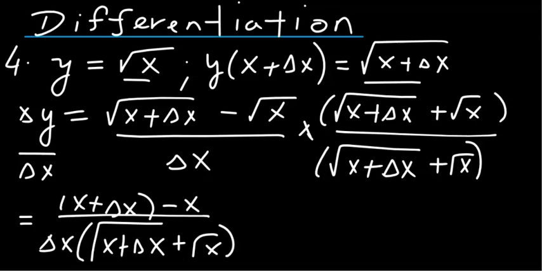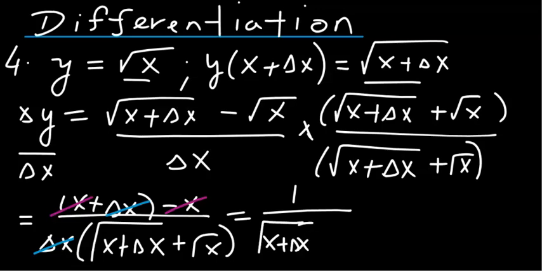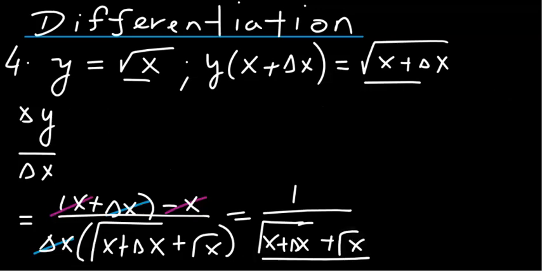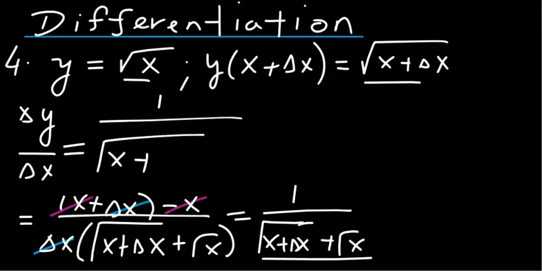So in the numerator, that's going to go away, and this delta x will cancel that delta x, which will give you 1 over square root of x plus delta x plus square root of x. So that's what delta y over delta x is.